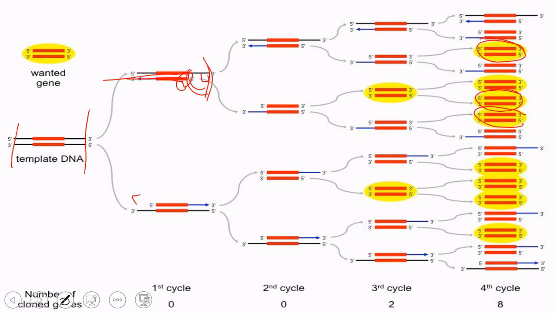Similarly here also, the primer is not going to bind at this place. The primer is going to bind at this place, so elongation will be only for this portion. This portion will be left blank. Next time when this strand is elongated, the primer will bind at this place, not at this place, so elongation will be only for this much portion. This means that after the second cycle, we get a smaller length of DNA.